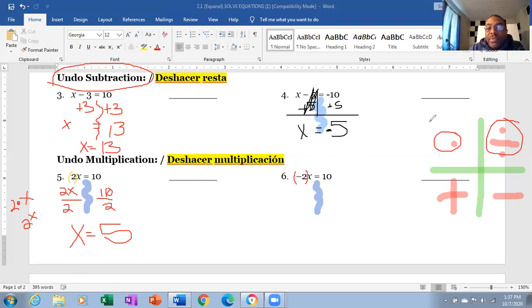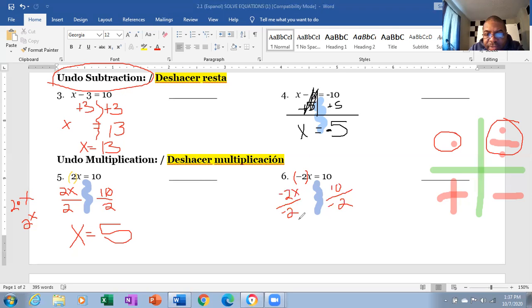So how are we going to, what's the opposite of division? Multiplication. All right, so we have multiplication, the opposite is division. So we're going to do -2x divided by -2. And then we have 10 divided by -2.